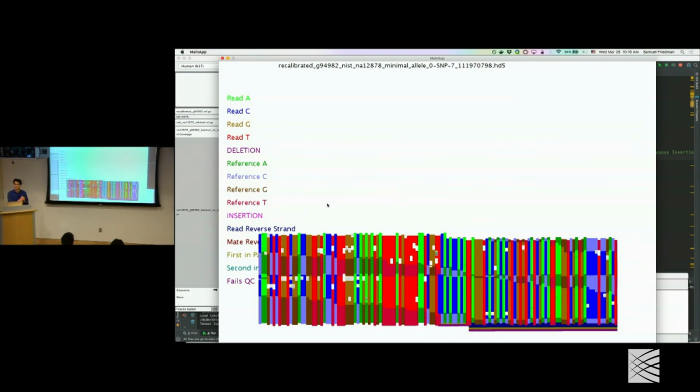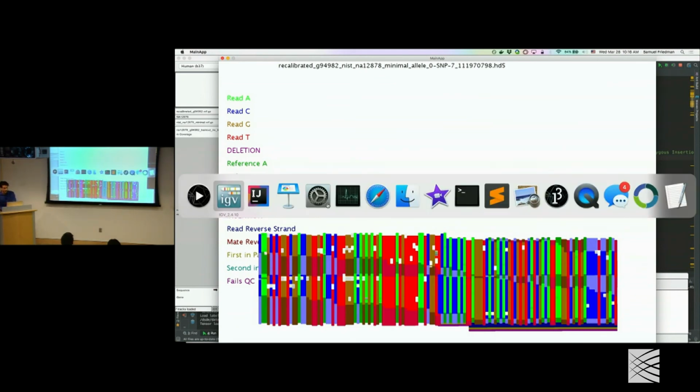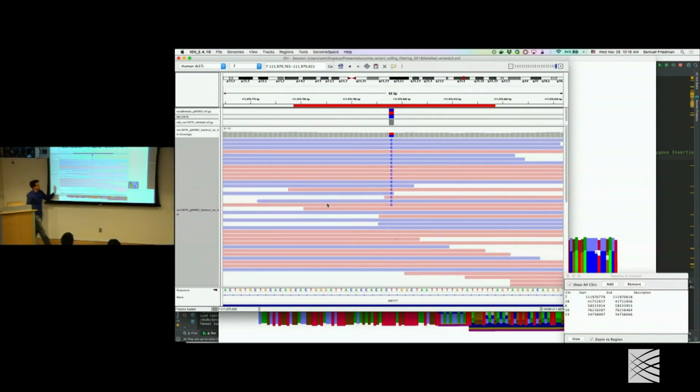What is everything else? Are you going to tell us? We'll talk about it, but most of it is the information that's available in IGV. So IGV here is showing you all the reference sequence, all of the read sequences, and there's metadata too, like how confident the sequencer was about each read, and the strand information.